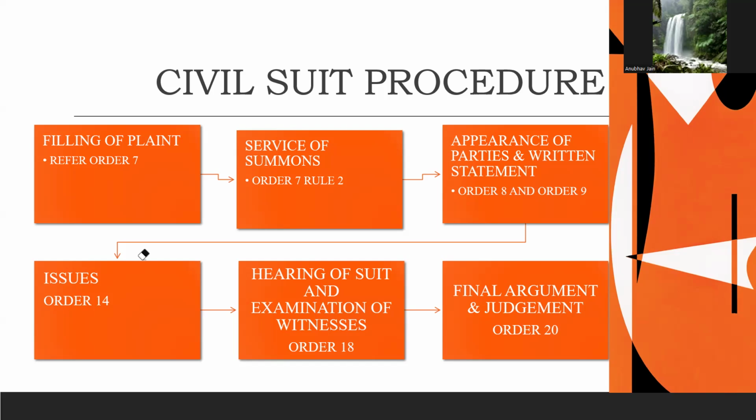Service of summons basically means that the court, through its presiding officer or another appointed officer, signs a summons which tells the defendant to appear on a given date along with his written statement or anything else required by the court, and also gives notice that the plaintiff has filed a suit against you and it will proceed against you if you do not come. So this is basically the service of summons.